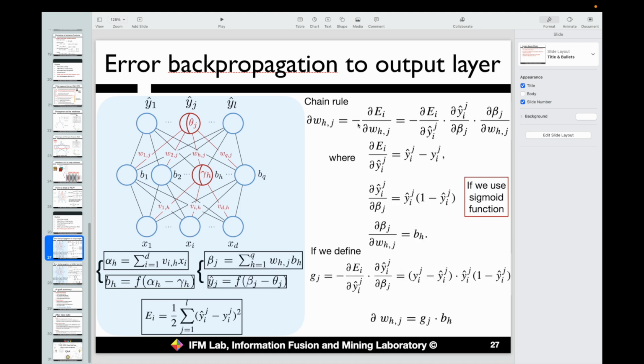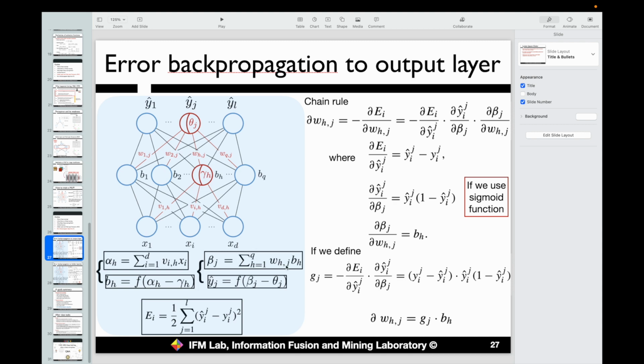By calculating the partial derivative of the loss term versus the parameters, remember we have to utilize the chain rule, right? Because this E_i is defined by the y hat, this y hat is defined by this f together with beta j, and this beta j is defined by this w here.